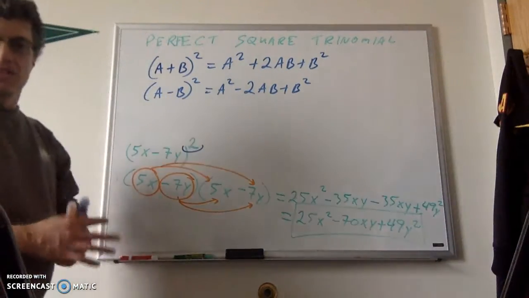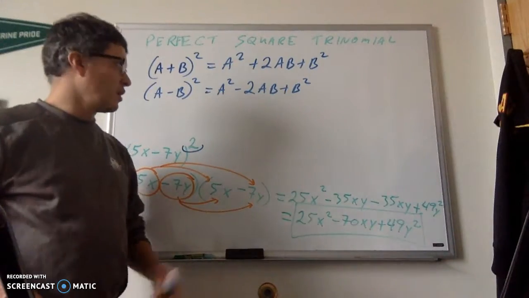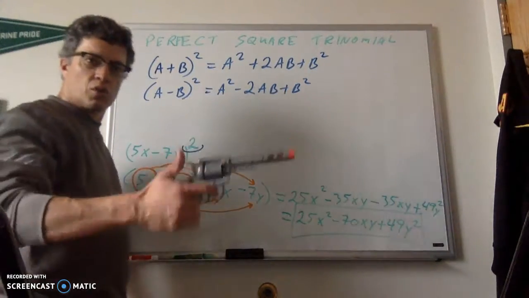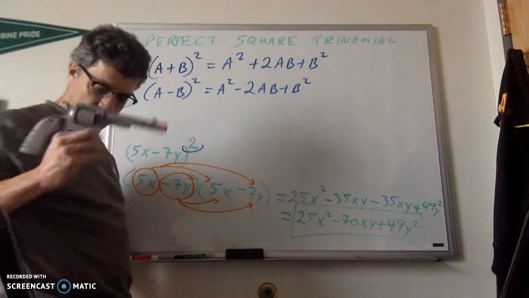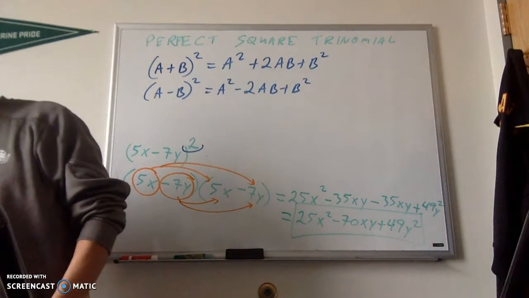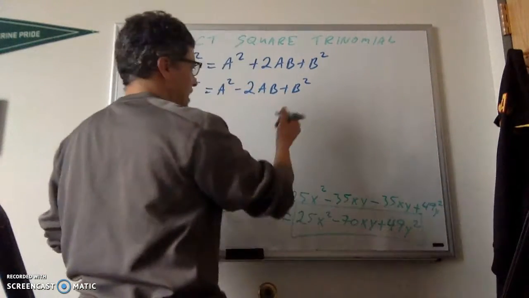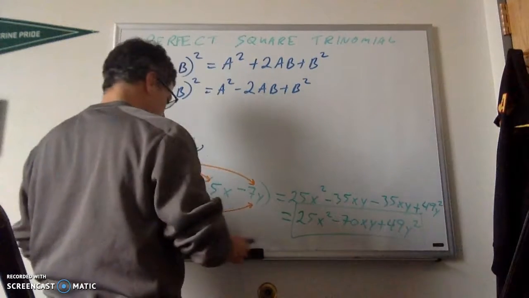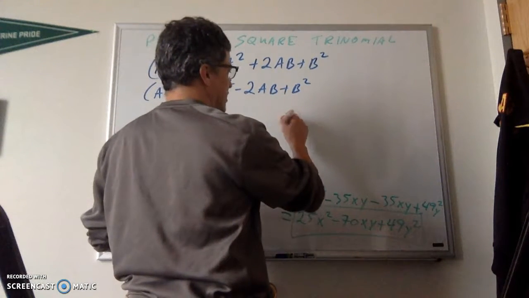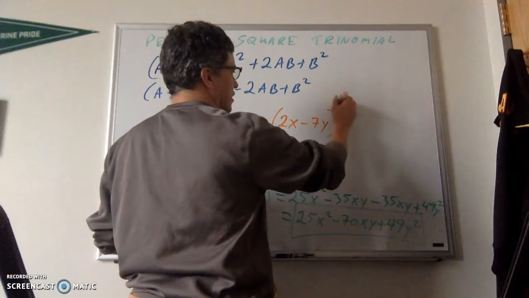So, is there a fast way to have done this problem, this 5x minus 7y squared, using the little shortcut of Billy the Kid coming out of the trunk kind of thing? Yeah, in fact, let me just make one up. Suppose we had, say, use a different color, orange, 2x minus 7y, quantity squared.